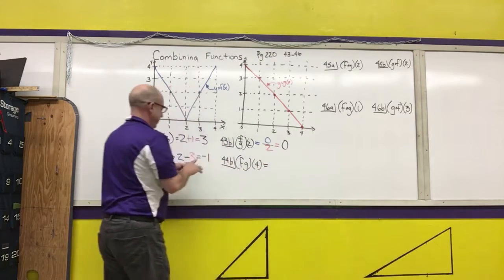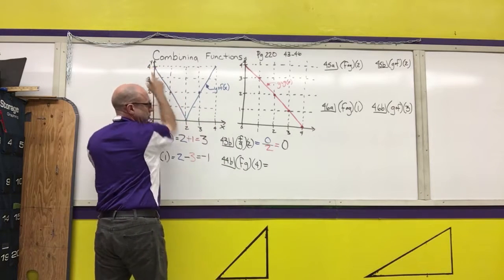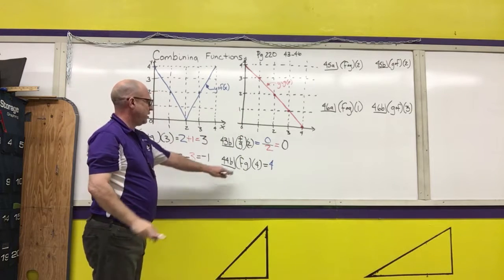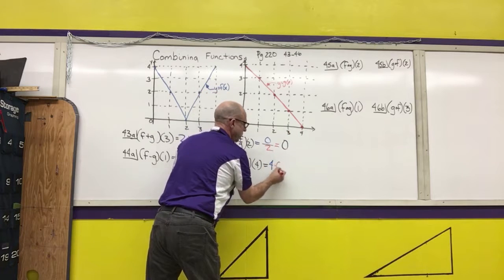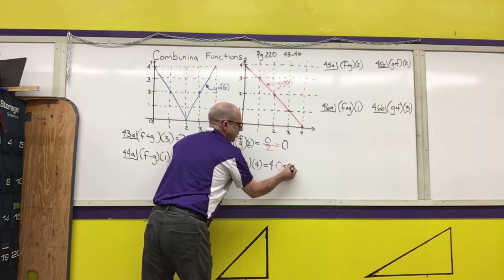So f evaluated at 4 is 4. G evaluated at 4 is 0. And 4 times 0 is 0.